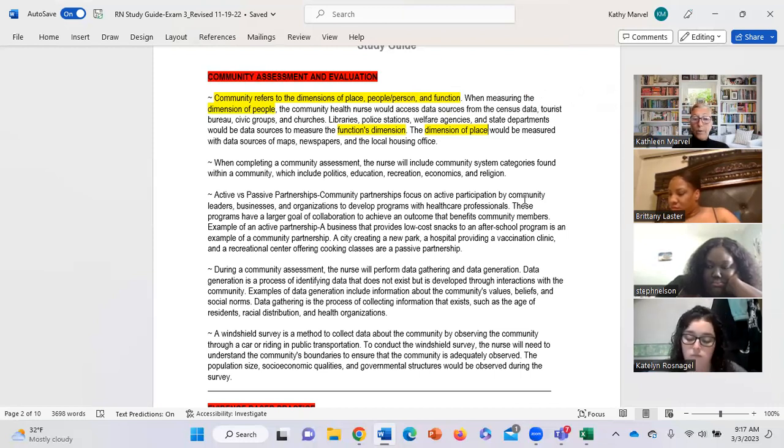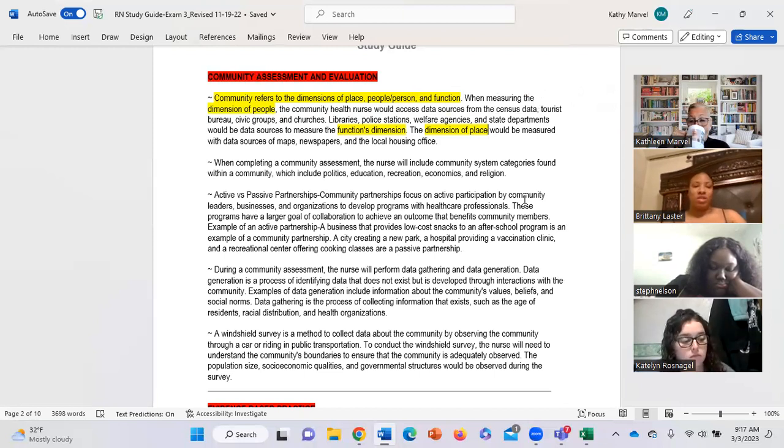So with this first one, what do you think? I can think of a couple of things. How would a community nurse access data about school illnesses? Who would be the resource for the community nurse?